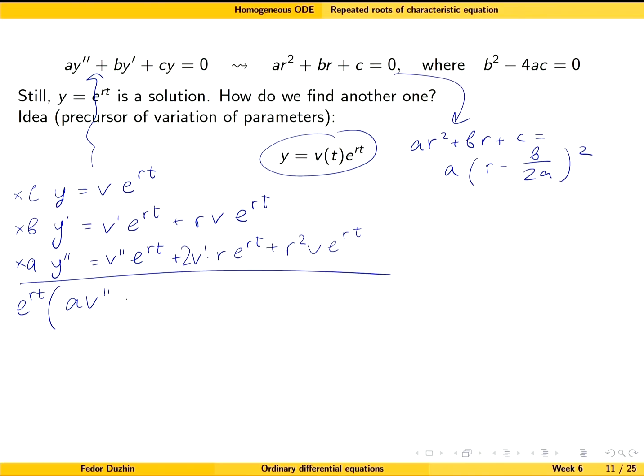There is just one term with v double prime, plus, let me combine all terms with v prime. And so for v prime, we have b from y prime and plus 2 r times a from y double prime.